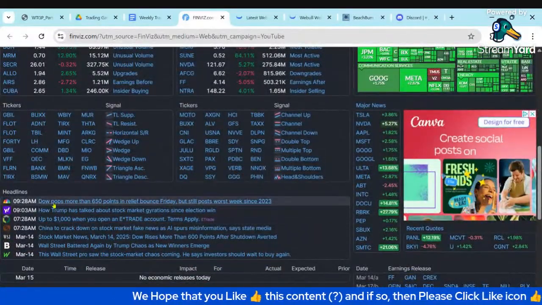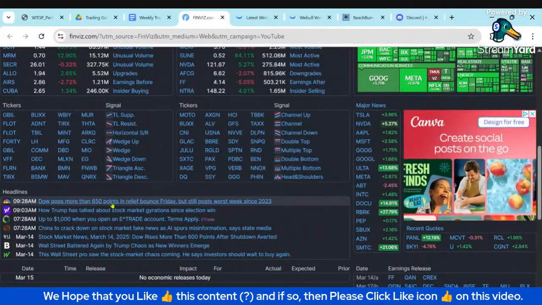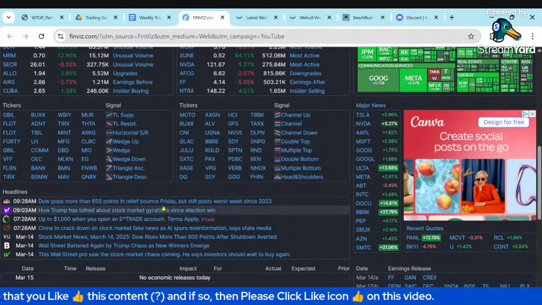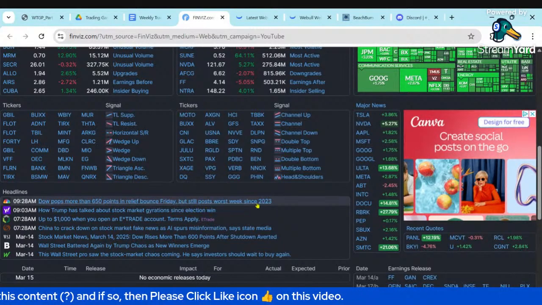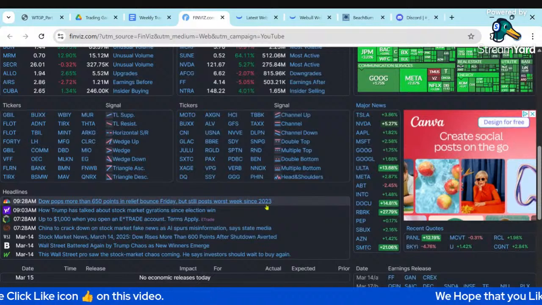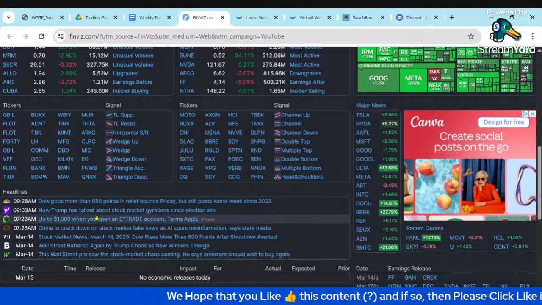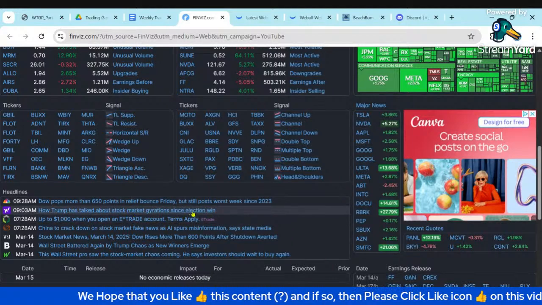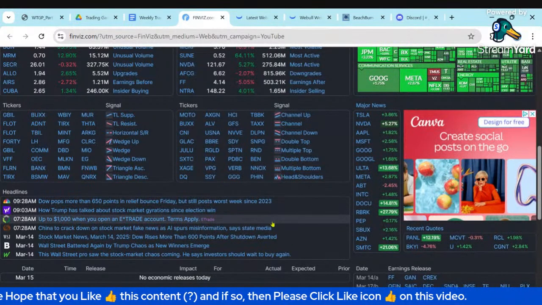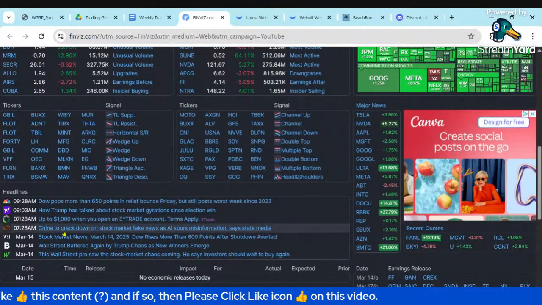Got some of the news. Dow pops more than 650 points in a relief bounce Friday, but still posts worst week since 2023. So again, although we had that strong relief rally on Friday, the overall week was poor in the markets. Stock market gyrations since election. China to crack down on stock market fake news.